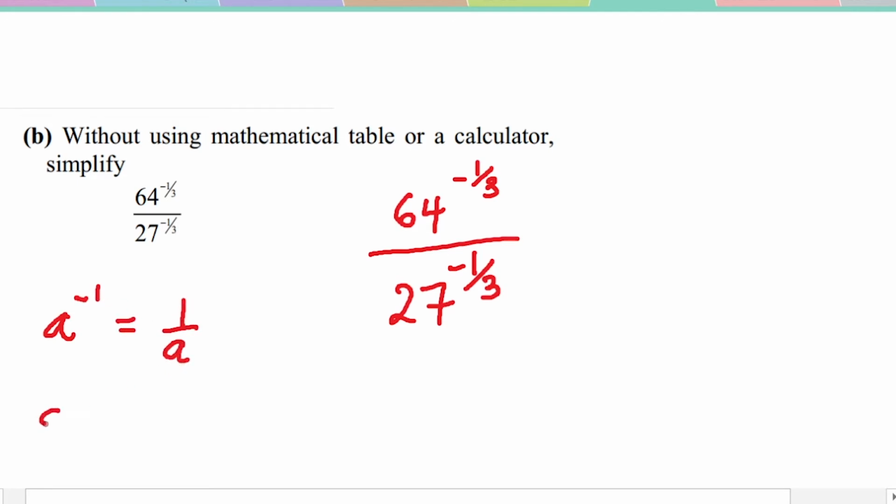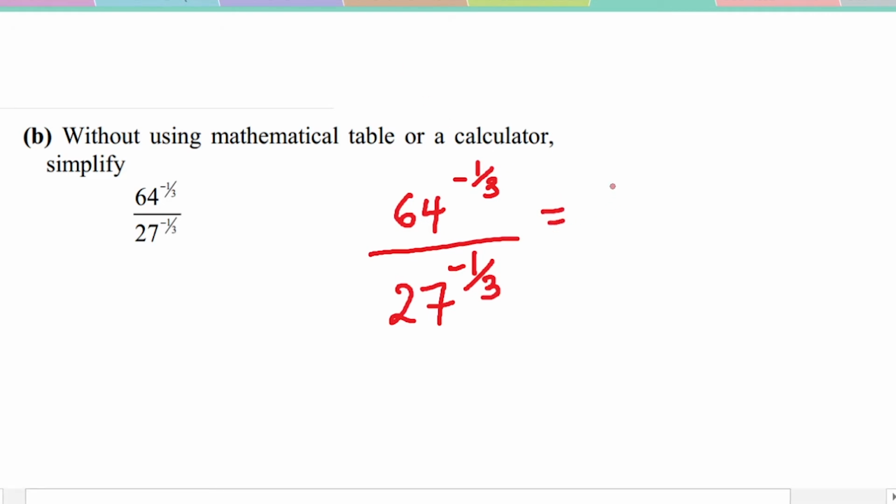So if I said a to the power negative 1 over 2, that can be converted into 1 over a, and this whole thing is to the power half. In other words, to remove the negative, we simply find the reciprocal of whatever we have here.